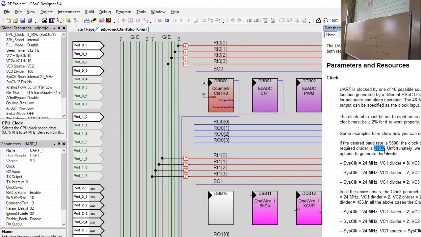So with 312.5, it's either 312 or 313, but anyways, both are within 5%. And basically, with these settings, you can do it.